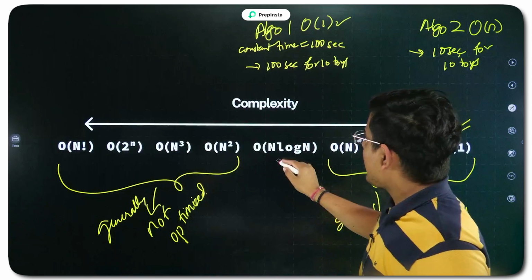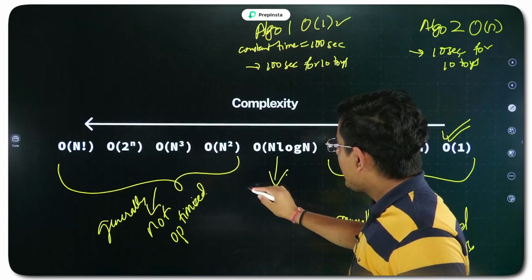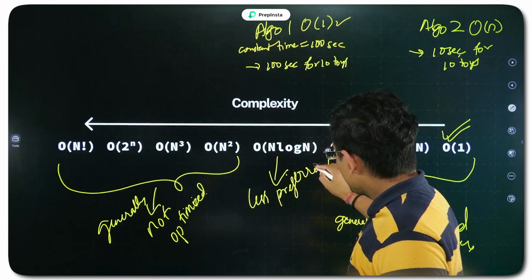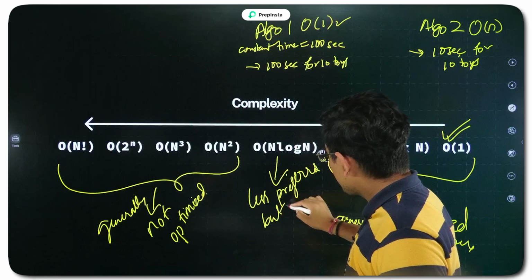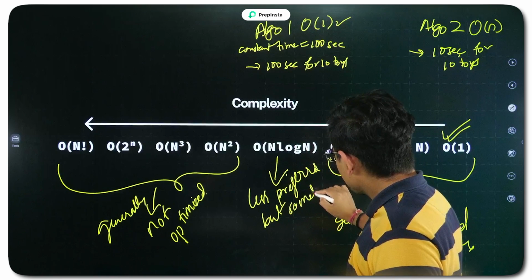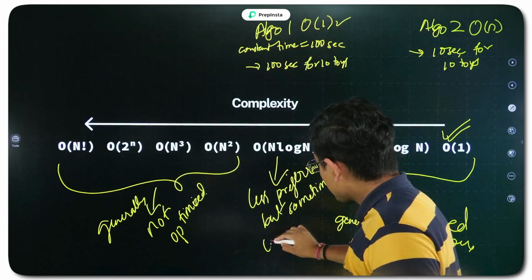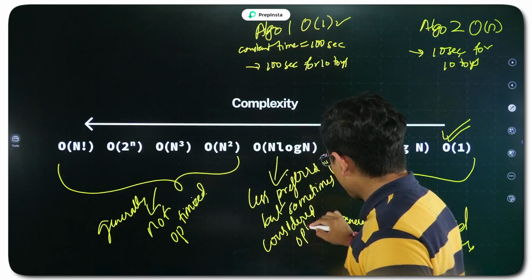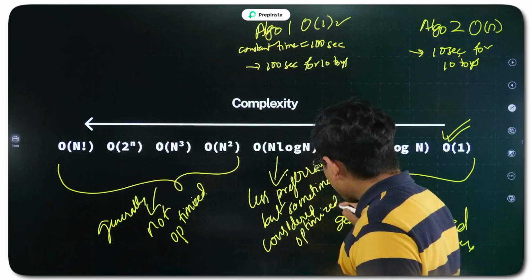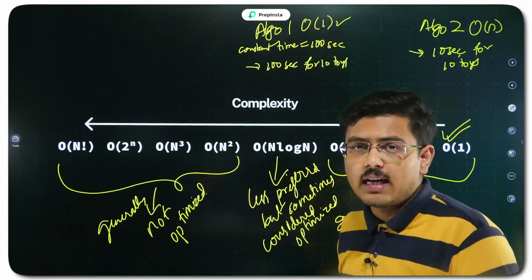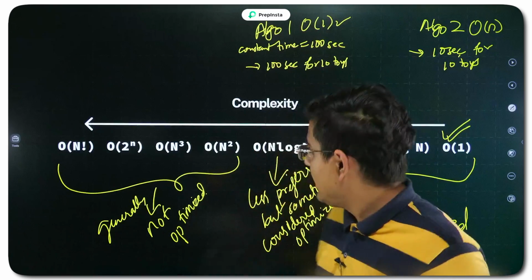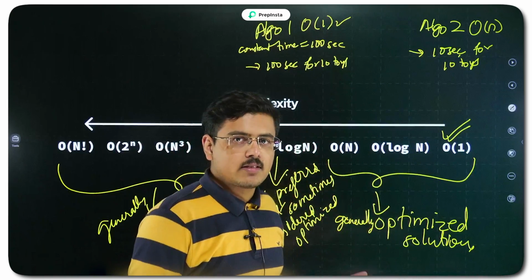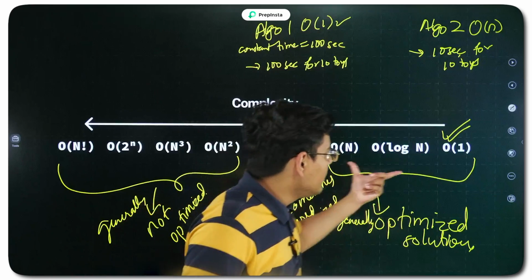So we can classify it is less preferred but sometimes considered optimized, okay. Very rarely it would happen that n log n would be considered as an optimized solution, but it can happen sometimes, but it is less preferred. The time complexities for optimized solutions that are generally preferred lie in this range.